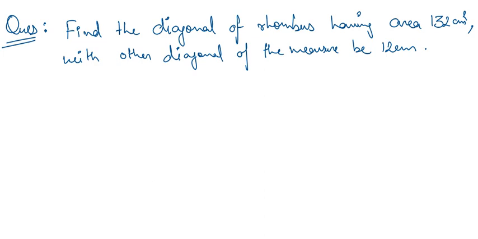You have to find the diagonal of a rhombus having area 132 centimeter squared, with another diagonal of measure 12 centimeters. So you may attempt it and provide the answer. I would check here for you. So you may start. You solve it yourself.